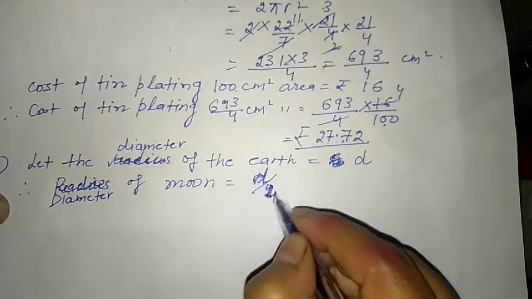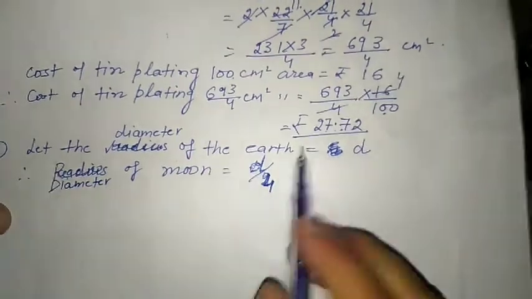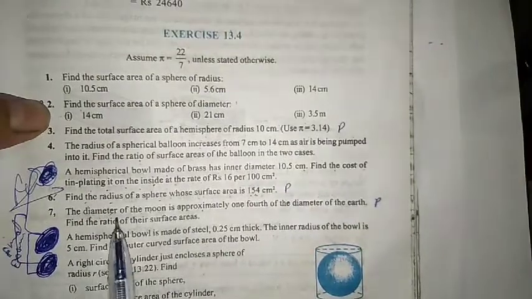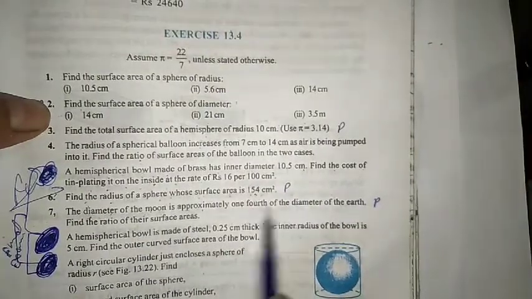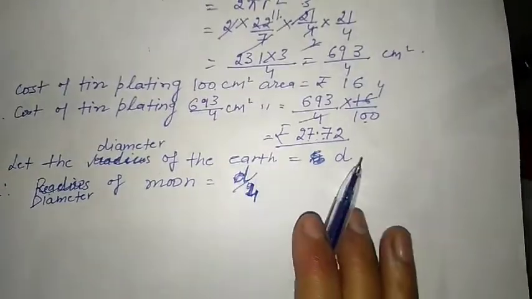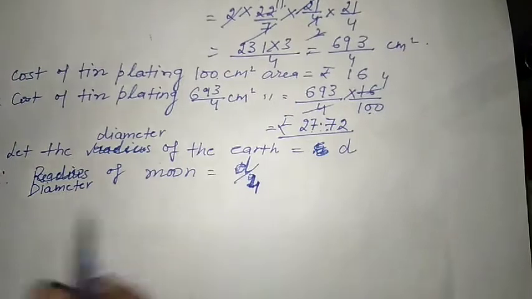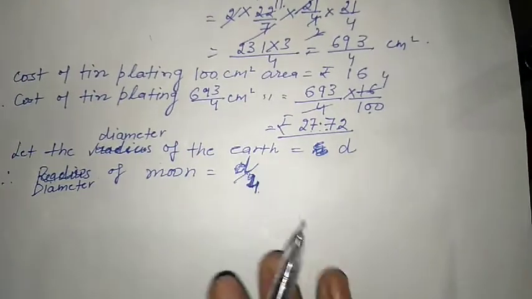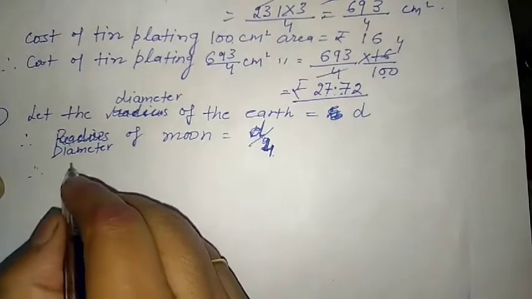d/4. It is d/4. Because the diameter of the earth is given here, not radius. So diameter of the moon is approximately 1/4 of the diameter of the earth. So we have to let the diameter of the earth be d, and diameter of the moon is equal to d/4. Now we have to find the radius.